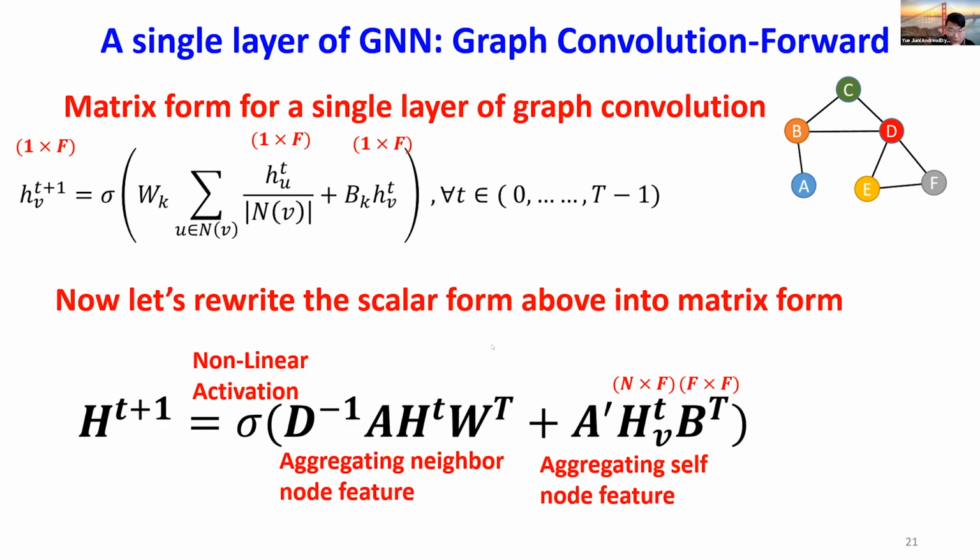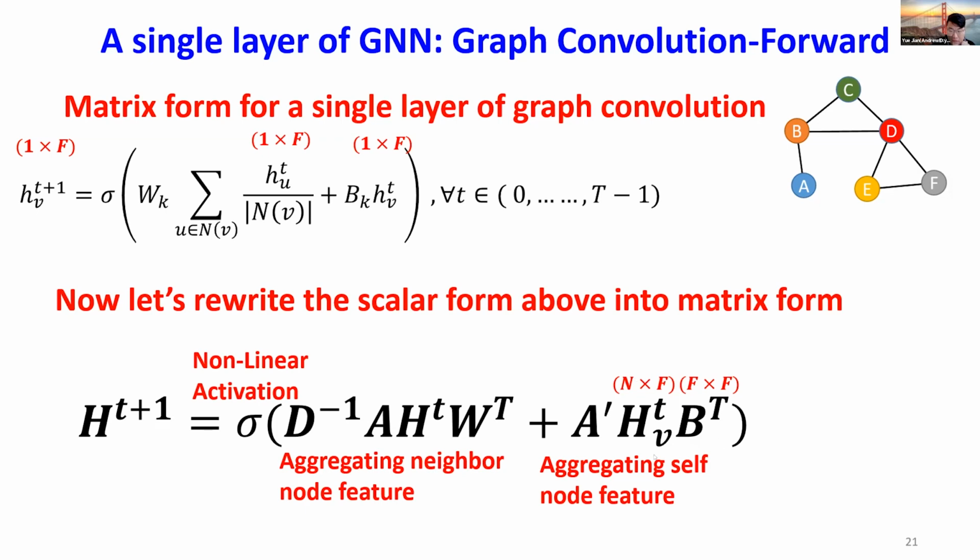This matrix form is how the graph convolution does the feature aggregation for every node within the same graph at a single graph convolution layer. Within the parentheses, there are two terms. The left term aggregates the neighbor node features, does the normalization, and applies a learnable weight.